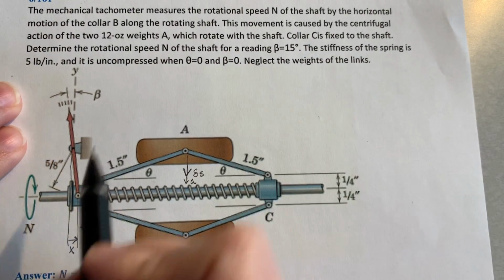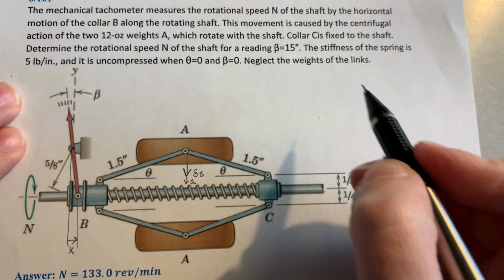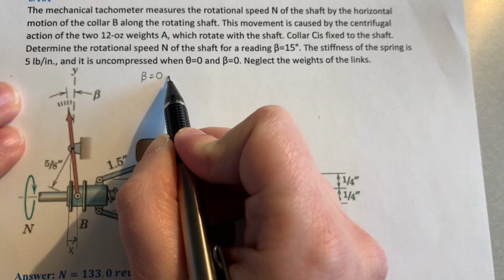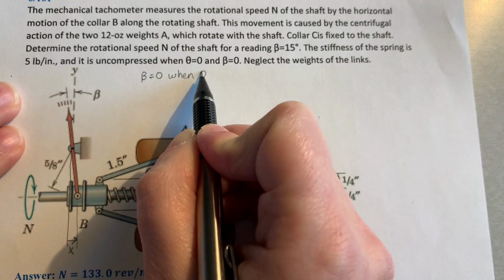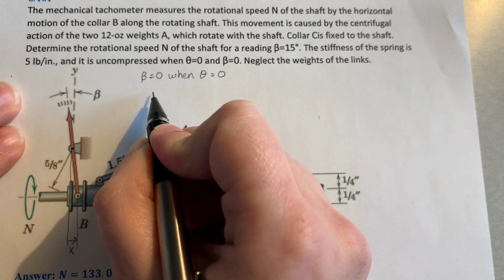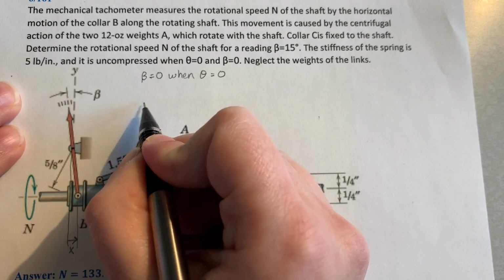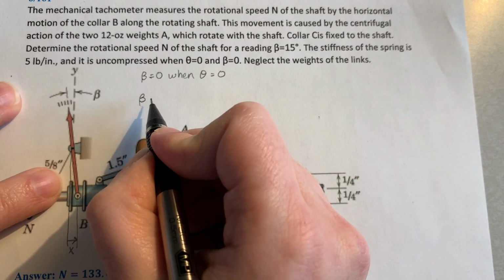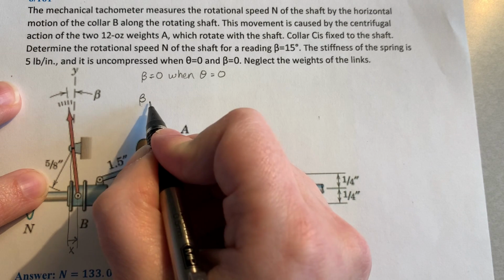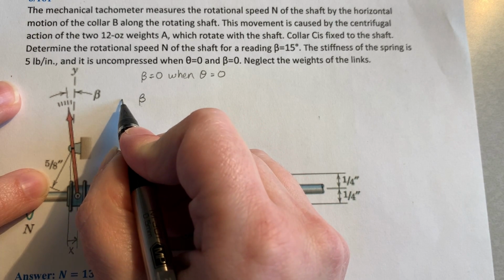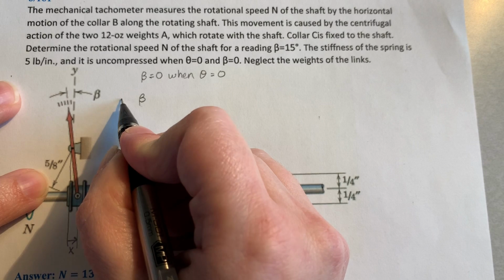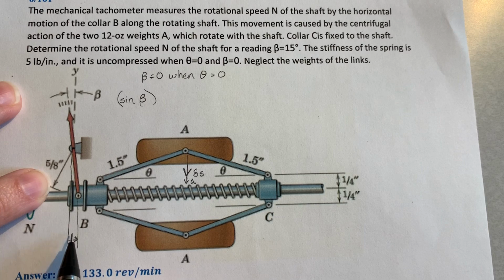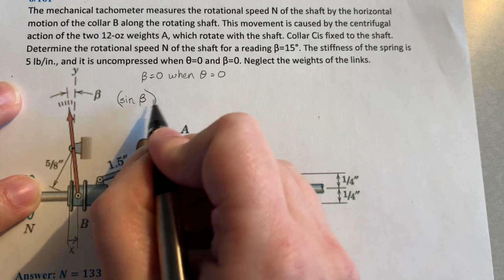And here we're going to have our beta equals 0 when theta equals 0. So it's just going to be beta times, we're going to have the beta here, and we're going to have the sine of the beta, because we want this component times that 5/8.